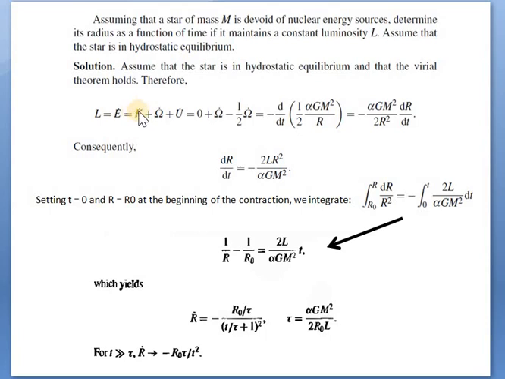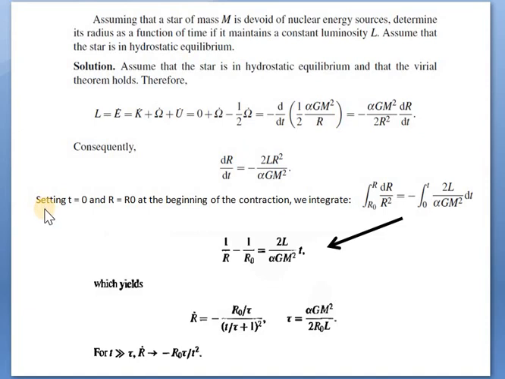Now the kinetic term is equal to 0, and with just these two terms, we can write this in a compact form like this. Okay. Now, consequently, what we get is this form. So from here we get this form.